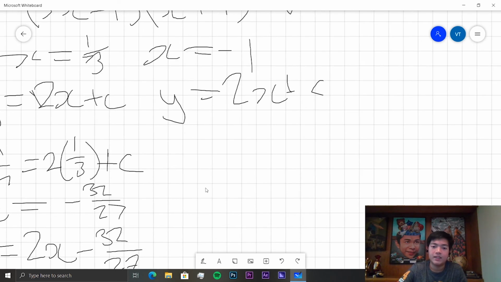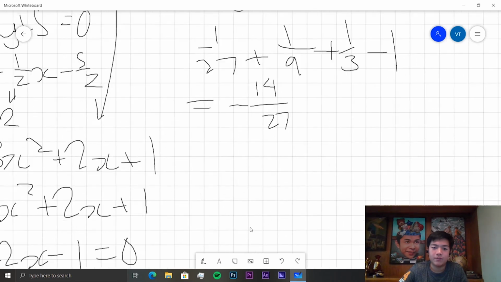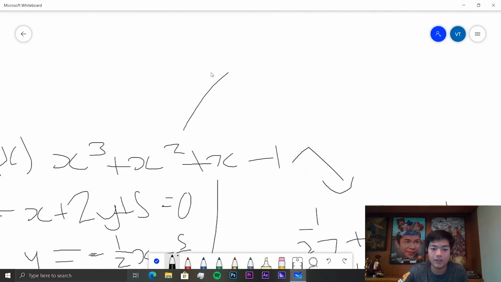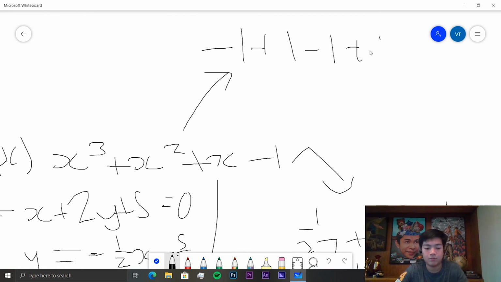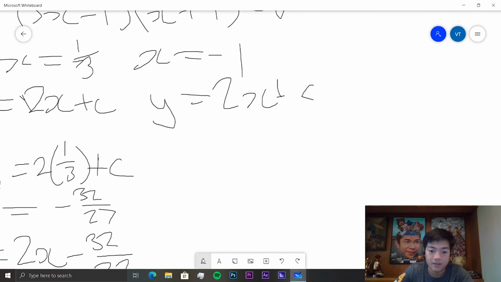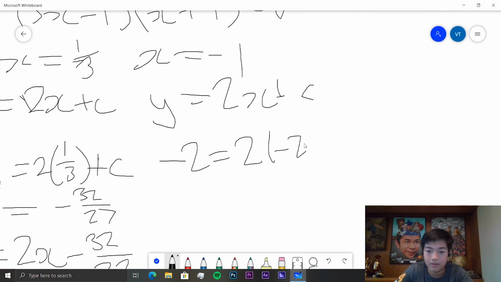Okay, now onto this one, x equals negative 1. Well, what will this equation be? When x equals negative 1, this is equal to negative 1 plus 1 minus 1 minus 1. In other words, is equal to negative 2. So we find the value negative 2 is equal to 2 times negative 1 plus c.